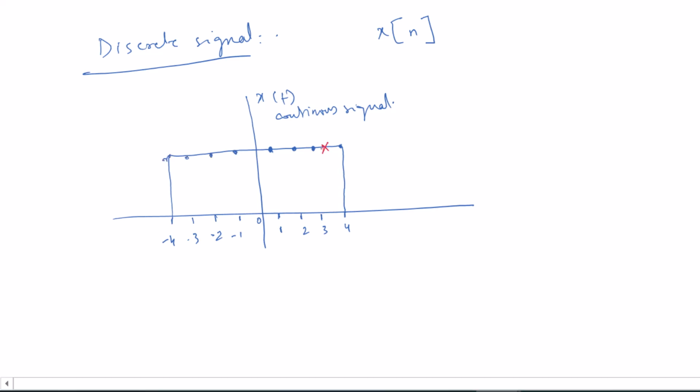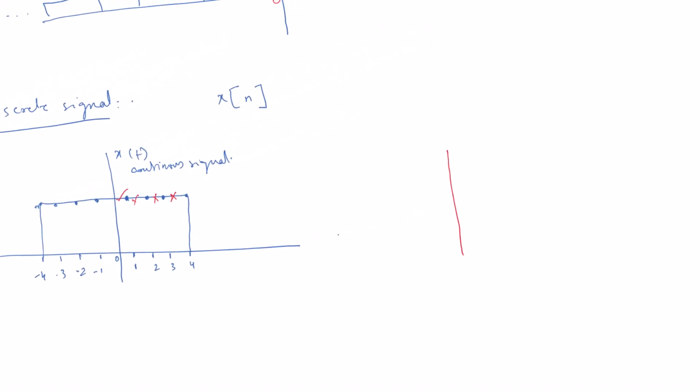Remove all the values between the points, take only these points, and draw another signal in which only points are visible at 1. On the y-axis comes the magnitude of the signal, which let's say here is 1.